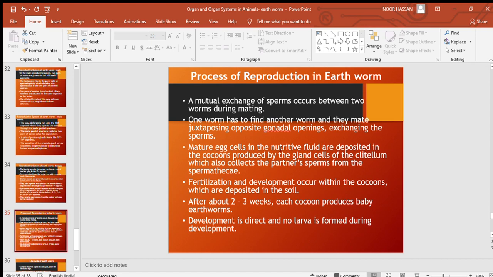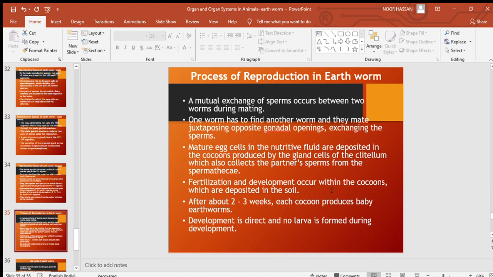During mating, sperms from the partner earthworm are collected and stored in the spermathecae. From the spermathecae, the partner's sperms are received into the cocoons, and inside the cocoons fertilization occurs between the egg cells and the sperms.